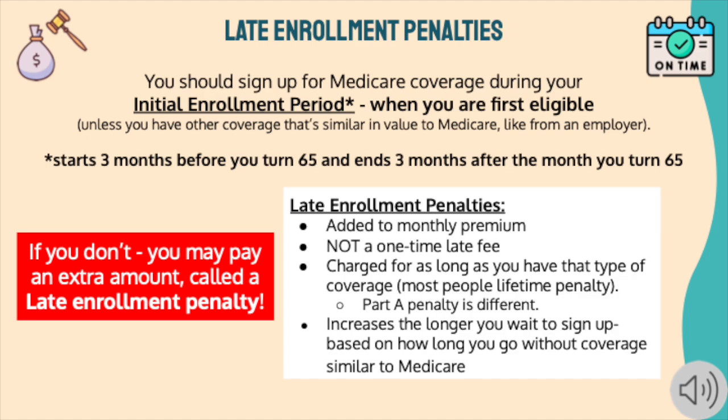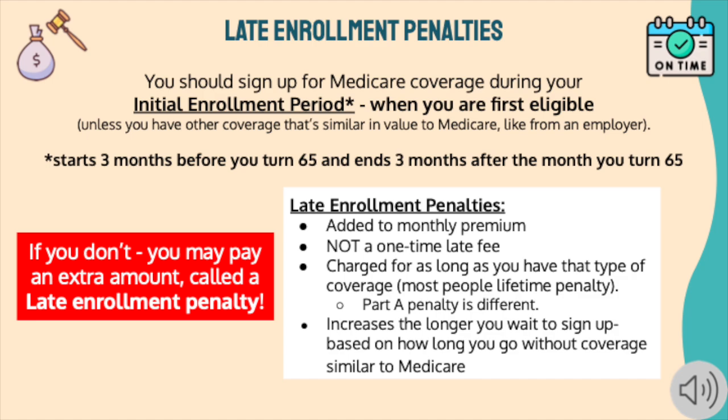So the 3 months before and after your birthday to sign up for Medicare coverage is known as the initial enrollment period, when you are first eligible for Medicare. If you do not sign up within the 6-month time frame, you may have to pay an extra amount called a late enrollment penalty. These penalties can be added to a monthly premium, and they are not just a one-time late fee.